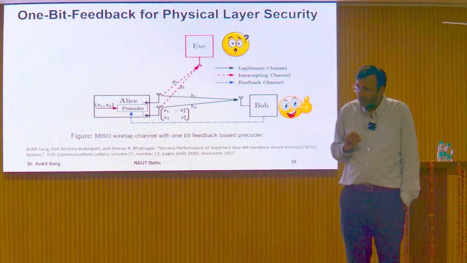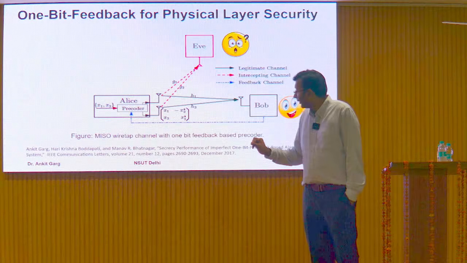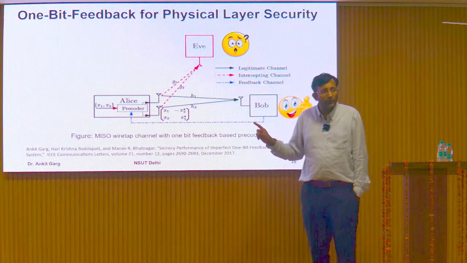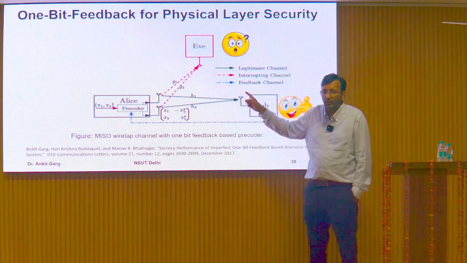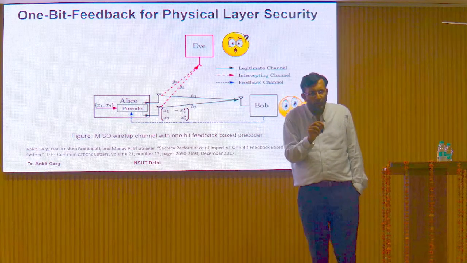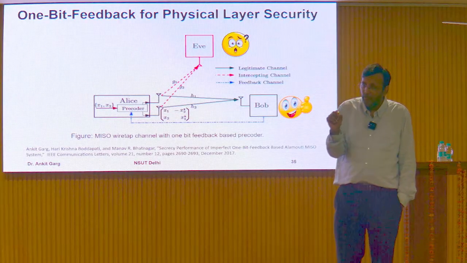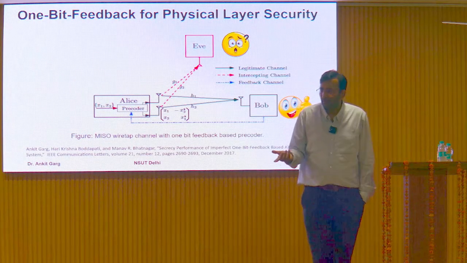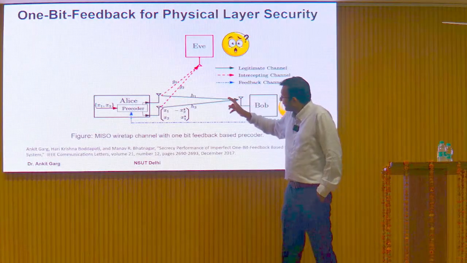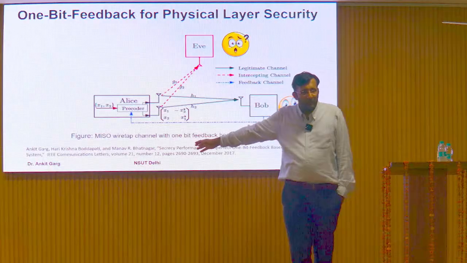But it doesn't mean that the same precoder will be the best one for the eve channel, isn't it? Because the precoder we have selected is based upon the legitimate channel from Alice to Bob. It might be possible that the same precoder would be the best for the eve at that instant, isn't it?